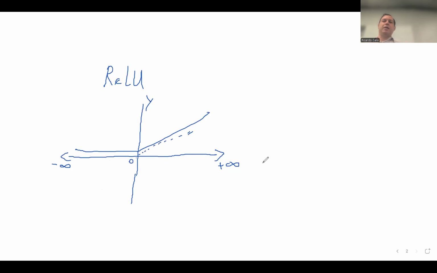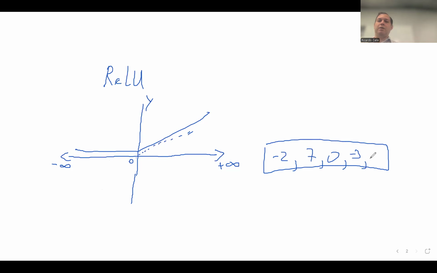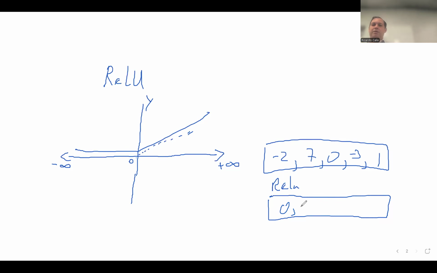Another way of thinking about this is if I have a vector of the following values, -2, 7, 0, -3, 1, this goes into ReLU, and it gets converted into what? 0, very good. 7, 0, 0, 1.